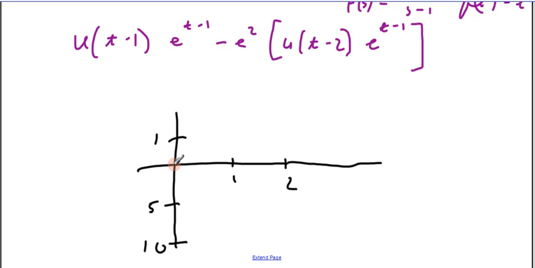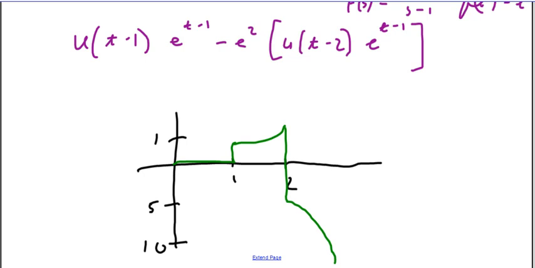I'm gonna come in at 0. I pop up to 1. I have an exponential thing going into there. I drop down to 5, and I have an exponential looking thing going down like that. Okay, so much with drawing pictures.